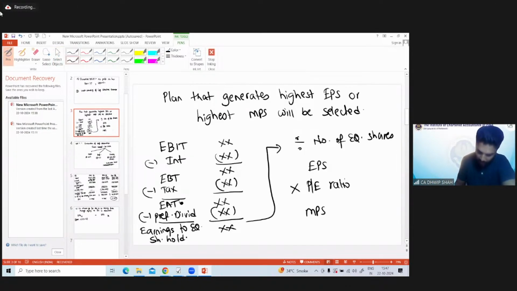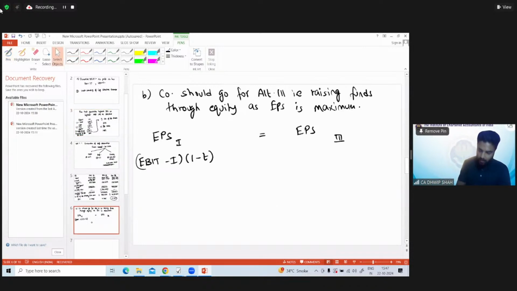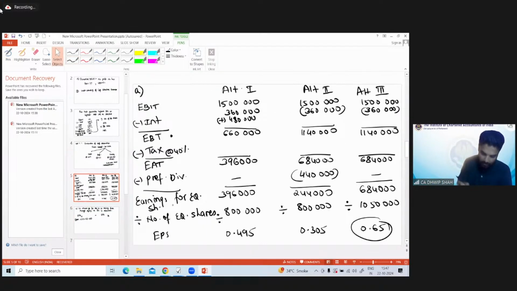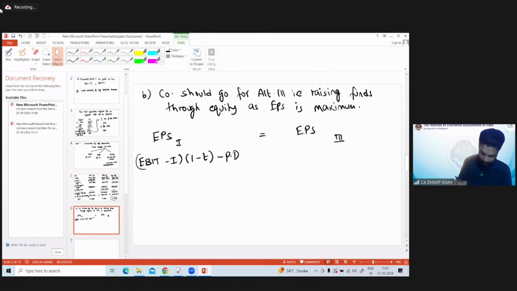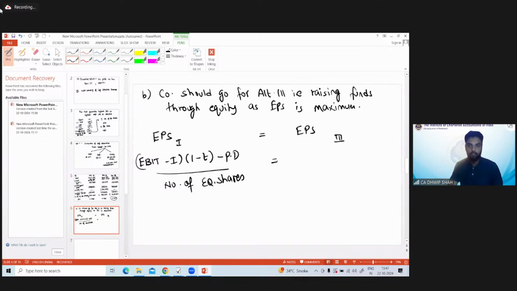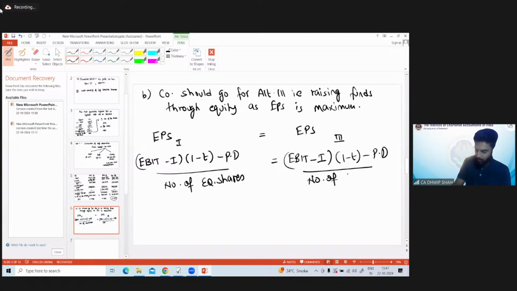If we subtract preference dividend, we reach earnings for equity shareholders, so the numerator is done, and if we divide by number of equity shares, we get EPS. Yes or no? This is the formula devised from the above format only. The same way, the formula of EPS for alternative 3 would be the same again: EBIT minus interest, 1 minus T, less preference dividend, divided by number of equity shares.